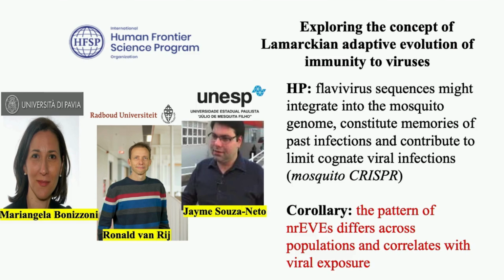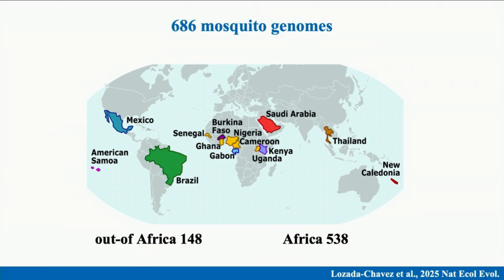So to answer this question, we actually collected 685 mosquito genomes across the world. Here I color-coded the states in which we got the mosquitoes for which we derived the genome, and we were particularly careful in choosing places in which arboviruses are endemic, so specifically Mexico, Brazil, and Thailand.